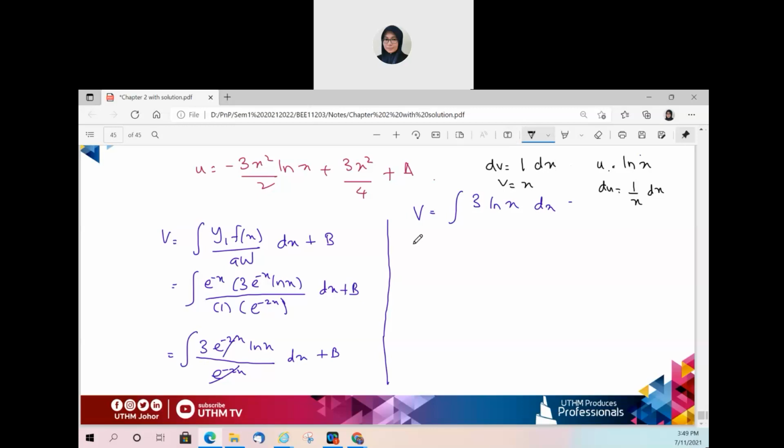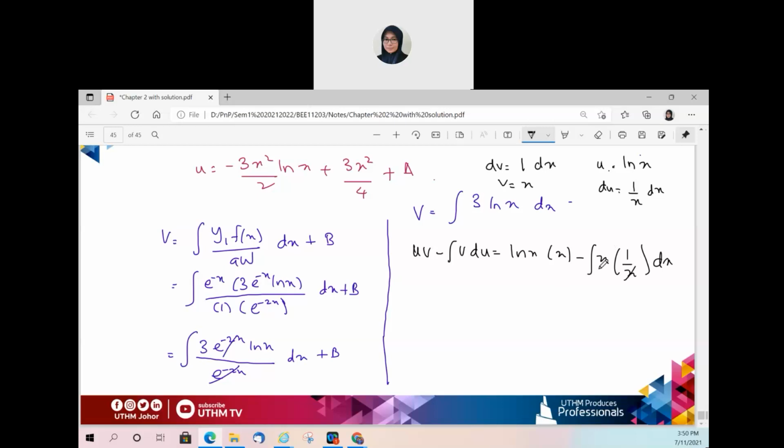So for integration by parts, it will be uv minus the integral of v du. So u is ln x, v is x. Minus the integral of v du, where du is 1 over x dx.